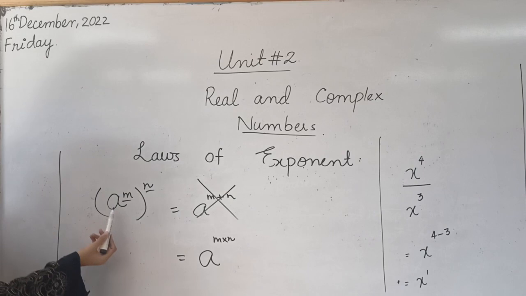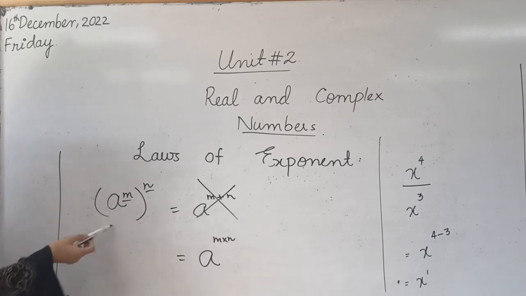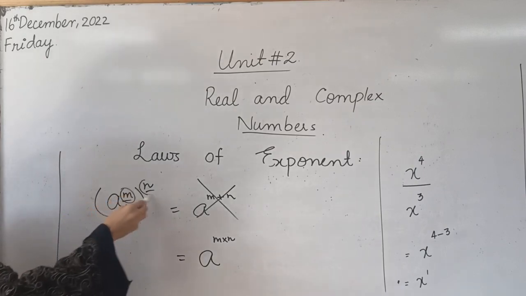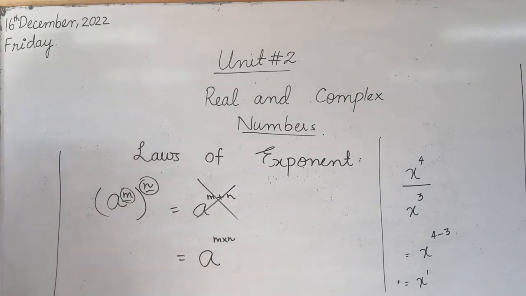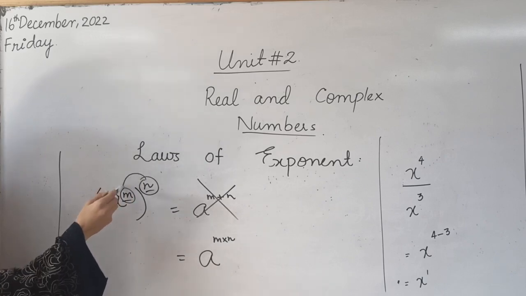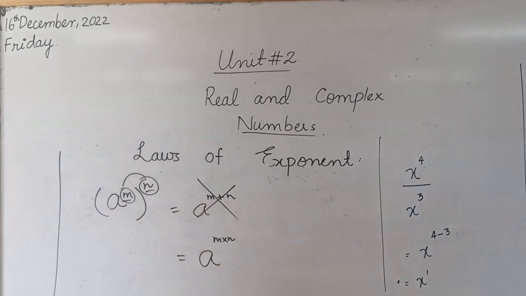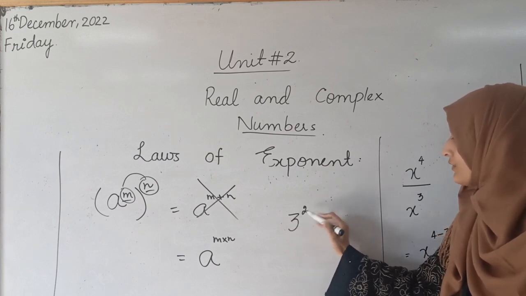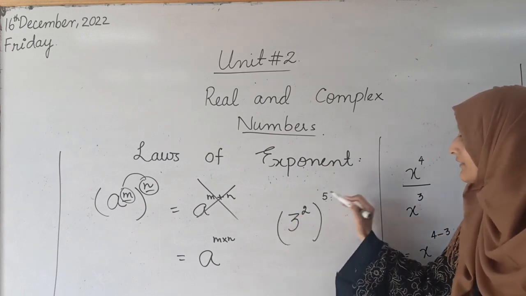If the base is single and there are two powers and they are multiplying with each other, so we will multiply, a raised to power m, brackets n. This shows that we will multiply these two powers m and n. For example, see this example, 3 raised to power 2 raised to power 5.